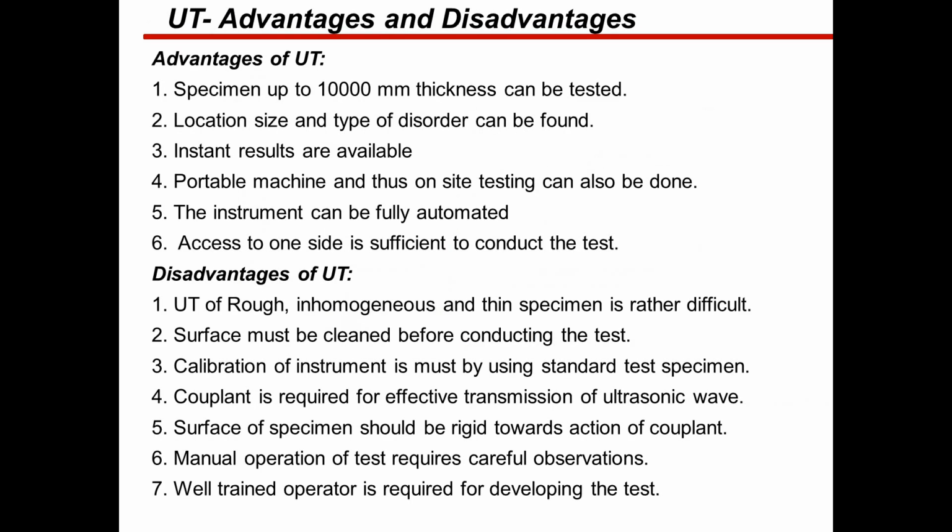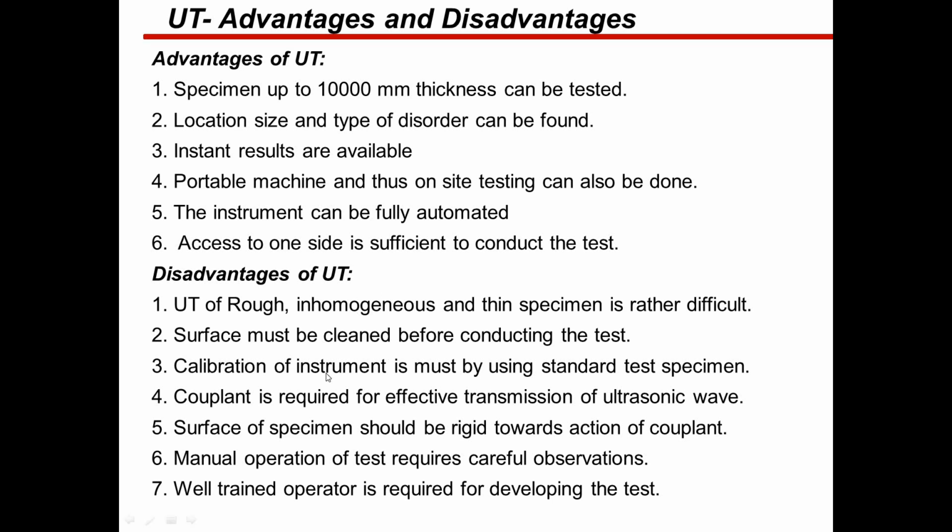That's it. These are the advantages and disadvantages of UT. The most important advantage is that you can use ferrous and non-ferrous materials for testing. Just by increasing the frequency of the sound, you can increase the depth to which you can identify the faults.